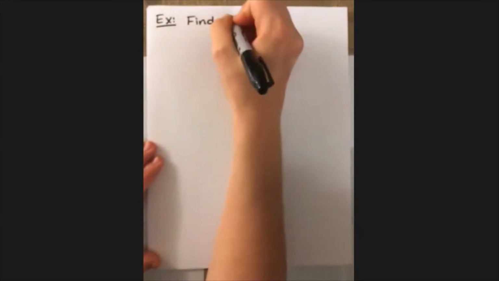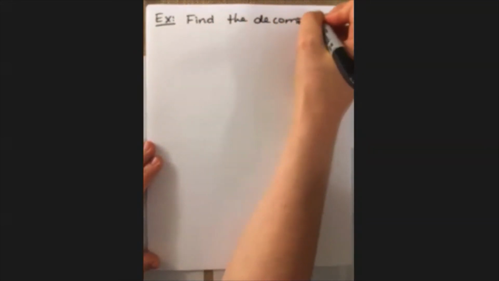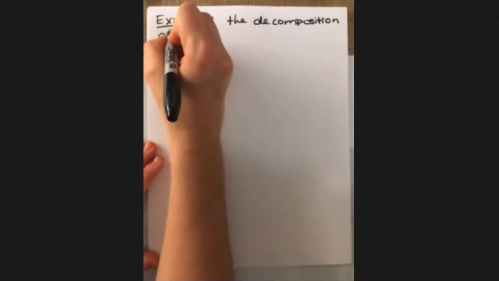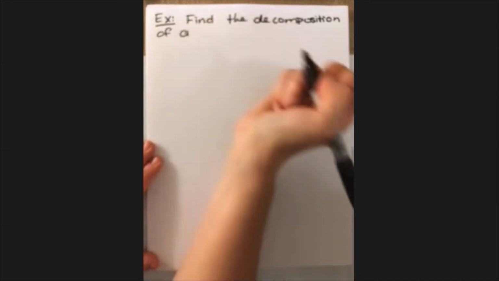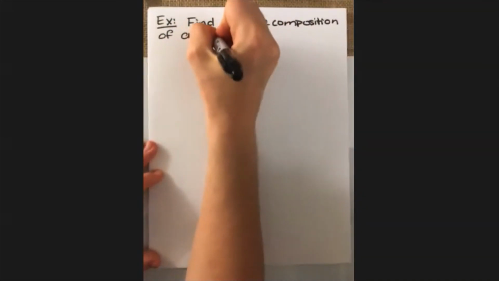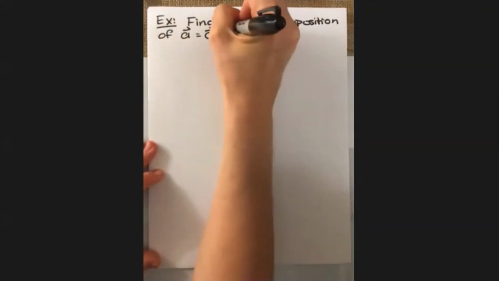In this example, we are going to break down a vector into its 2 pieces, the parallel and the perpendicular piece with respect to another vector. So we're going to find the decomposition of a vector A. We want it to be equal to its parallel part plus its perpendicular part.